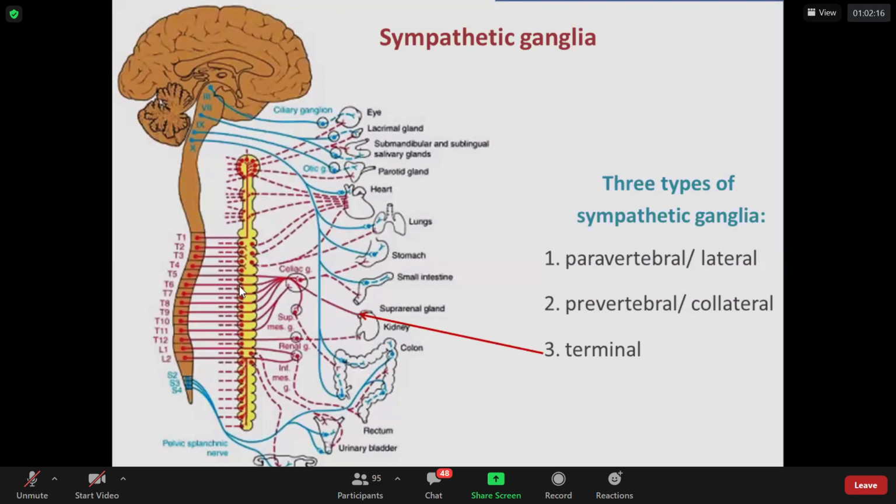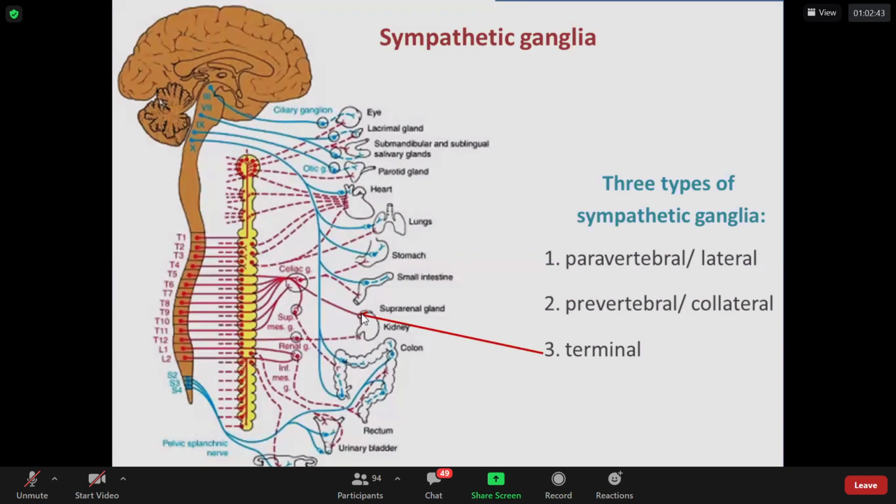They have not synapsed here in the sympathetic chain, in the same segment or in an upper or lower segment. Neither have they ended up or synapsed in the prevertebral ganglion. Instead, they have bypassed this as well and have directly reached the suprarenal gland adrenal medullary cells and stimulate them, and these cells actually act as the postganglionic neurons.